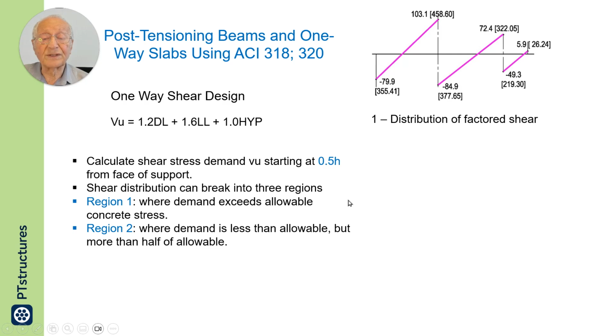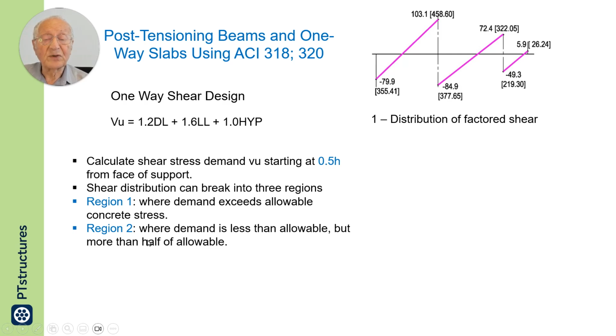The first region is where demand exceeds the allowable value. Then obviously you have to put calculated reinforcement. That is region 1. In this distribution, region 1 is where the shear demand exceeds the allowable value.